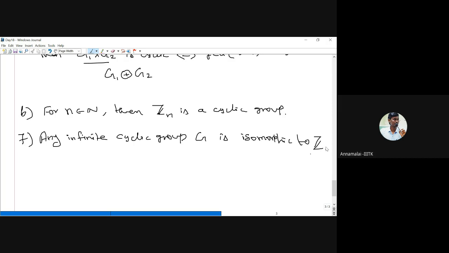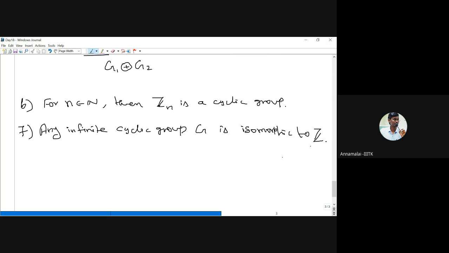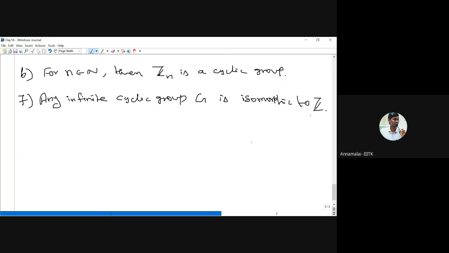We know about Z: Z is a cyclic group, Z is an abelian group, and Z has only two generators, 1 and -1. Only 0 has finite order; all other elements have infinite order. So we know all about this Z. Therefore, we can easily state the properties of G if it is a cyclic group. That is a very powerful result, the power of isomorphism.